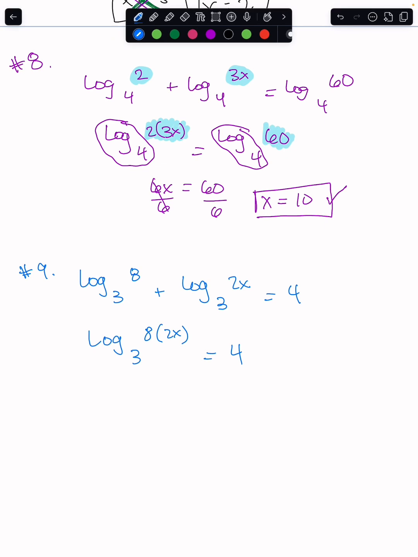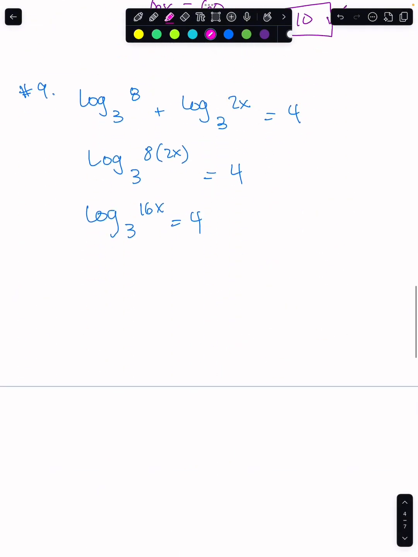Huh. This ends up becoming log base 3 of 16x equals 4. I wonder if we have any rules that can help us out with this. And we do have one. Remember the one called the swoosh. Oops, sorry.